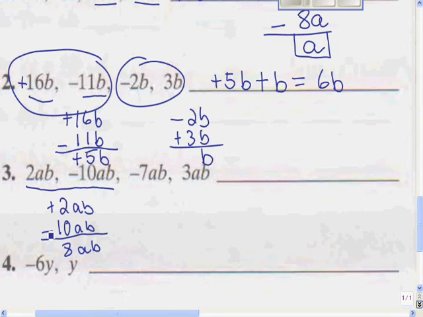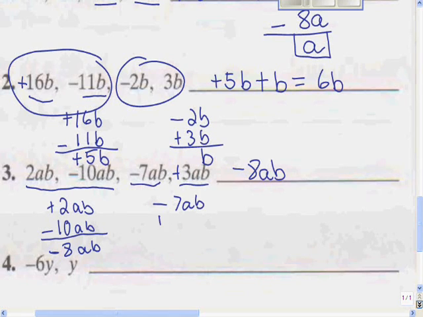Now, what's the sign of my bigger number? What's bigger, 2ab or 10ab? Obviously, it's 10ab. So I know that my sign is going to be negative because the sign of my bigger number is negative. So I'm going to put negative 8ab. Now, here I've got a negative 7ab and a positive 3ab. My signs are different, so I'm going to subtract.